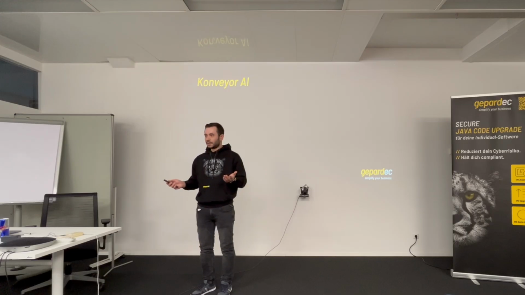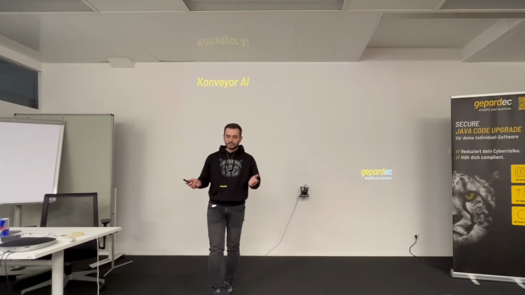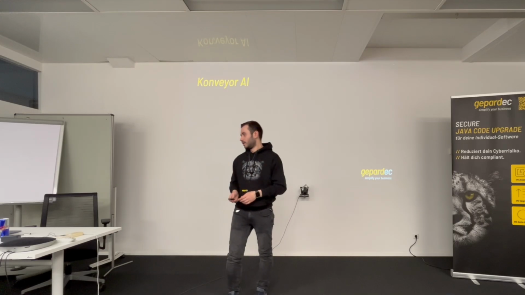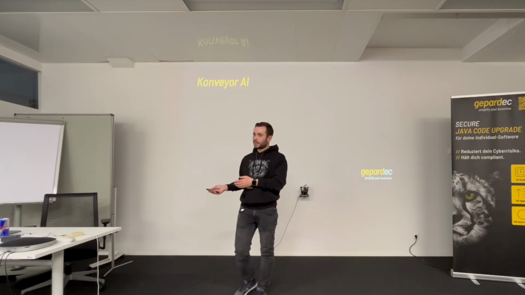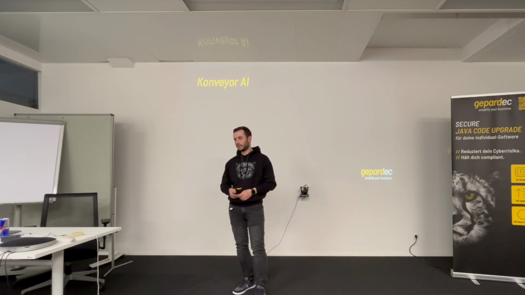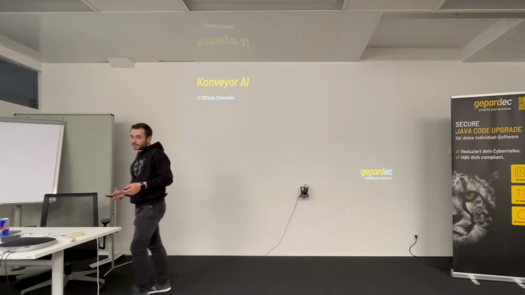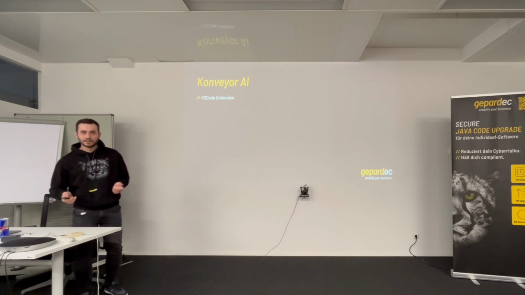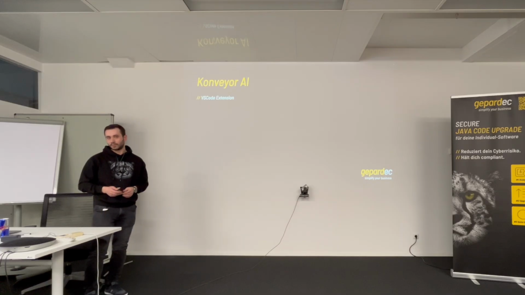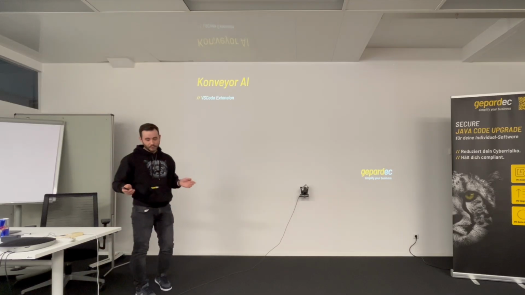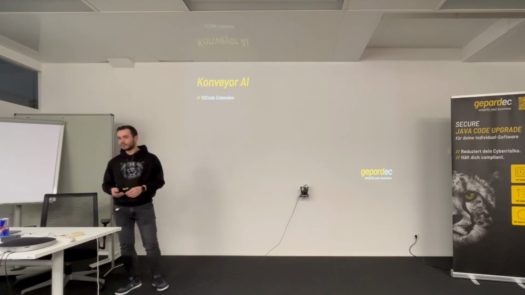That brings me to KAI, which is another component, and it is the one that makes use of AI in the background. It's a VS Code extension, currently only for VS Code. It might be available for other IDEs in the future.